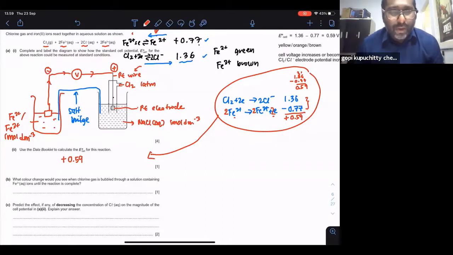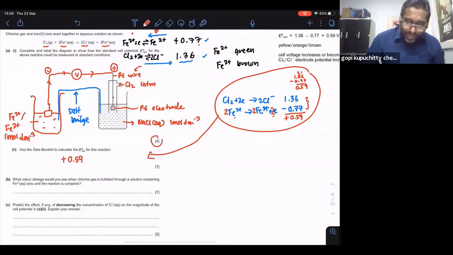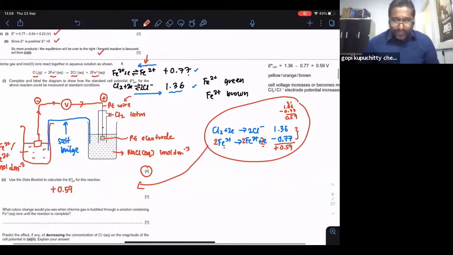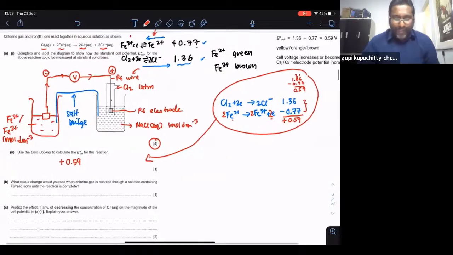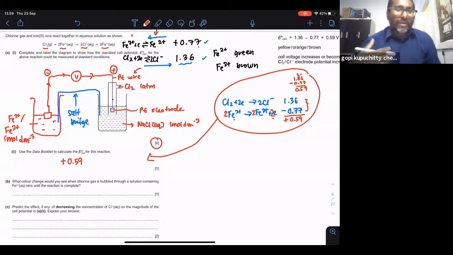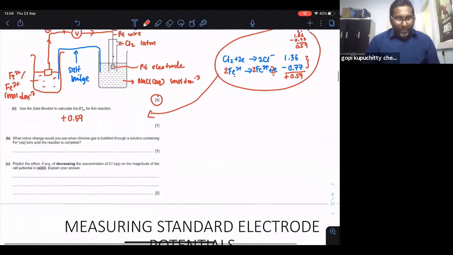If you want to write it down, please write, but it's not compulsory. Will they deduct marks, because this one is 4 marks? Not really. Normally if they want you to identify the positive and negative electrode, or even the direction of the electron, they will ask you. Then only you write.